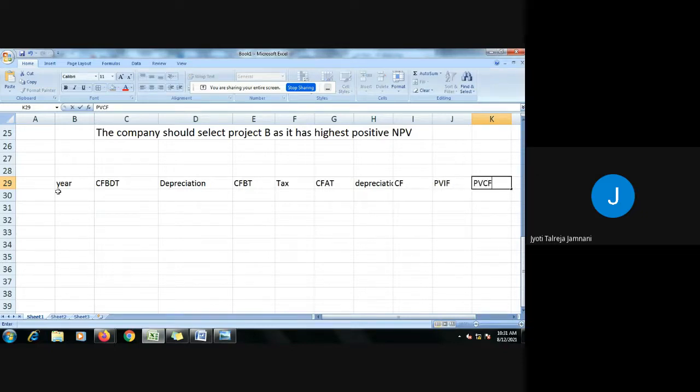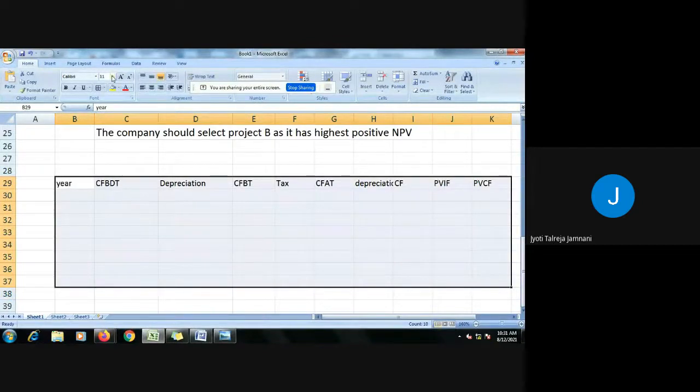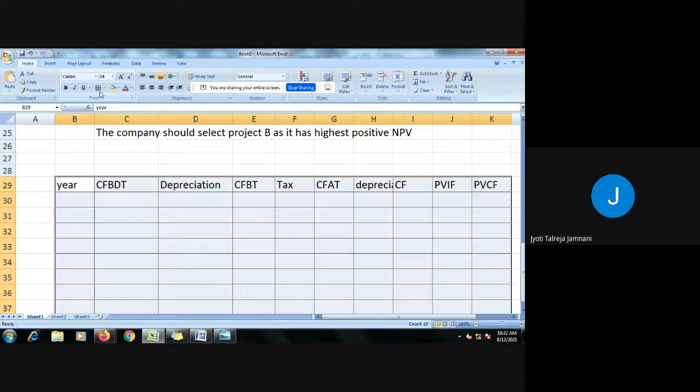So almost 10 columns. Okay, so let's start one by one.